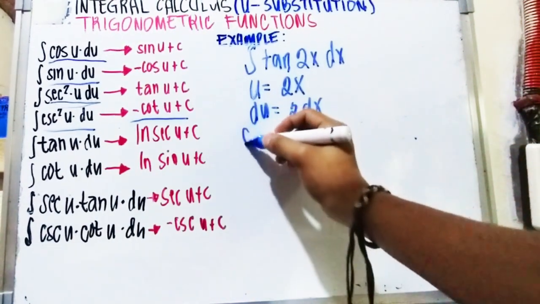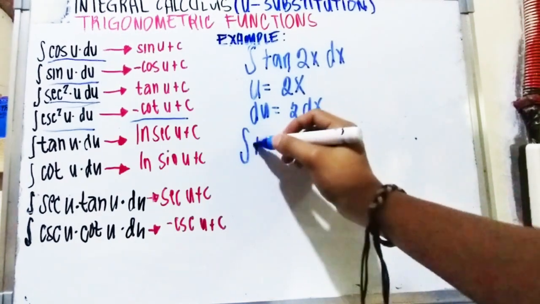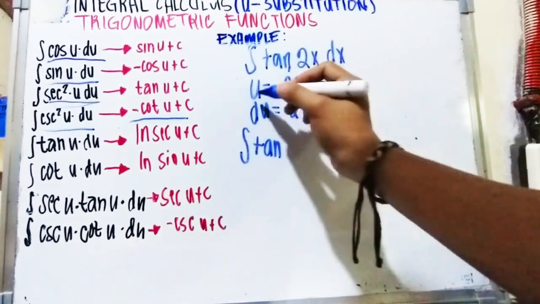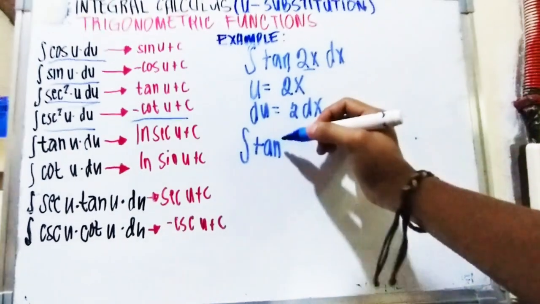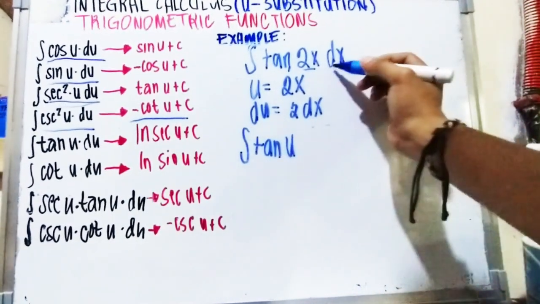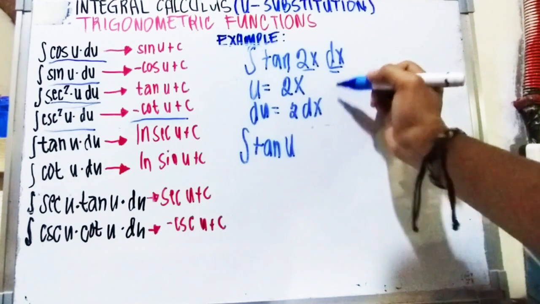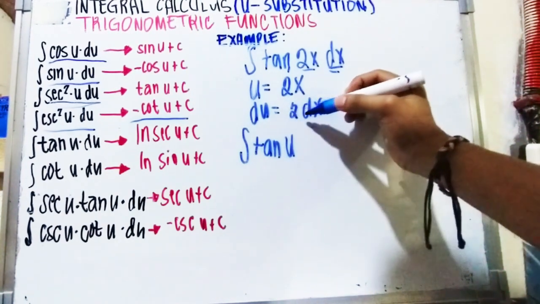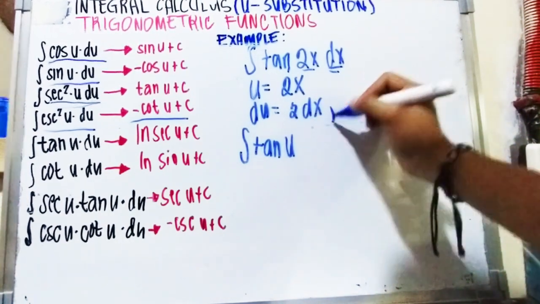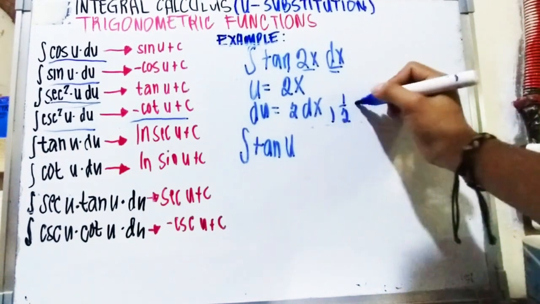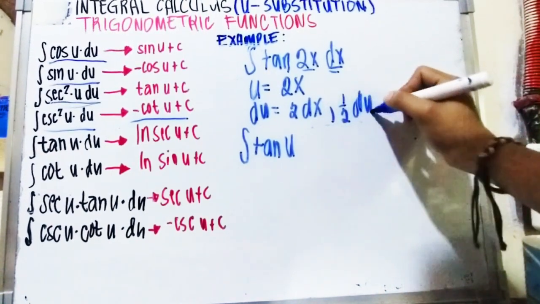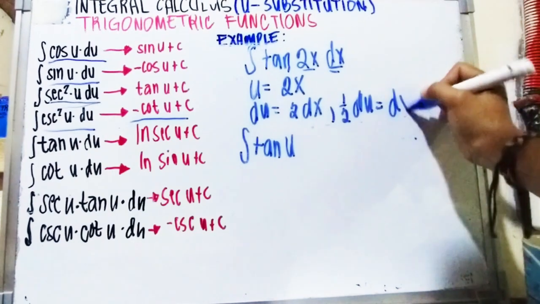Rewriting our original equation, magiging tan, yung 2x natin is our u, tan u, yung dx natin is, notice that du is equals to 2 dx. Evaluating this one, magiging 1/2 du is equals to dx.